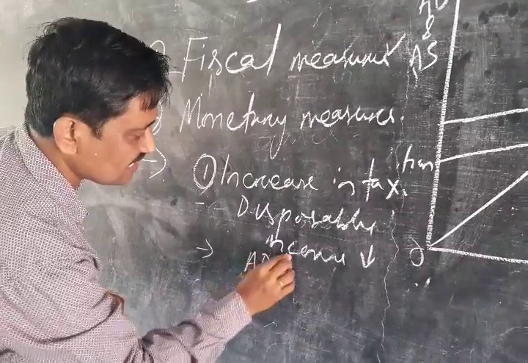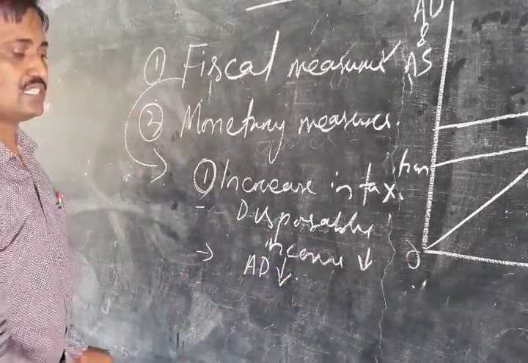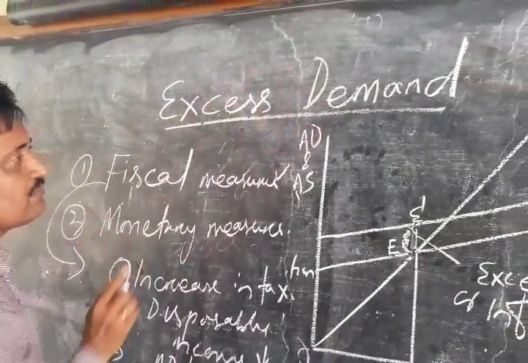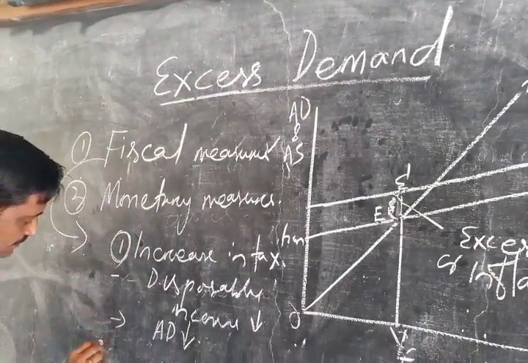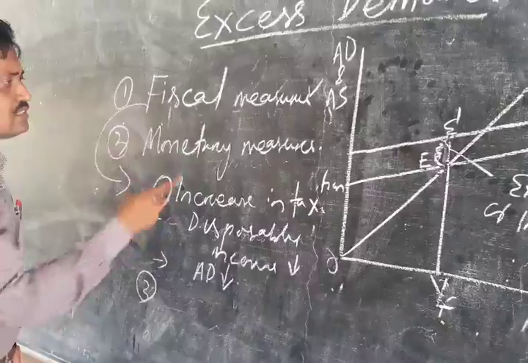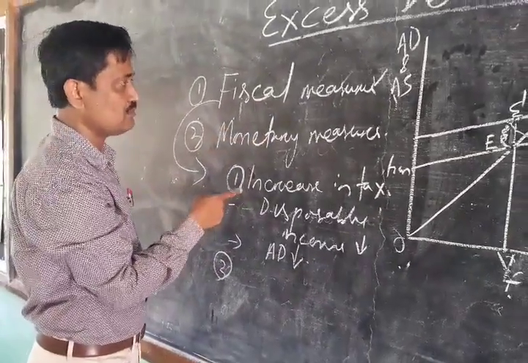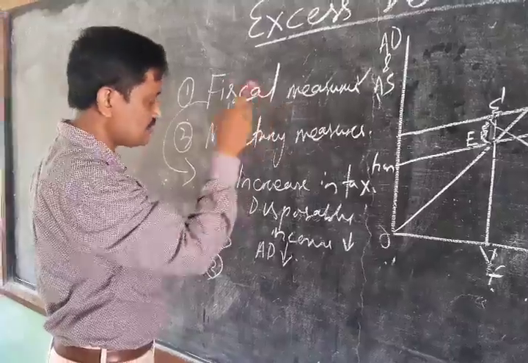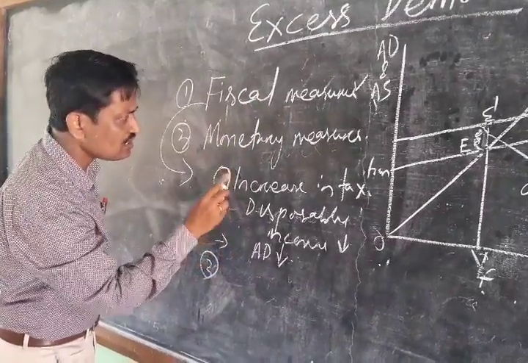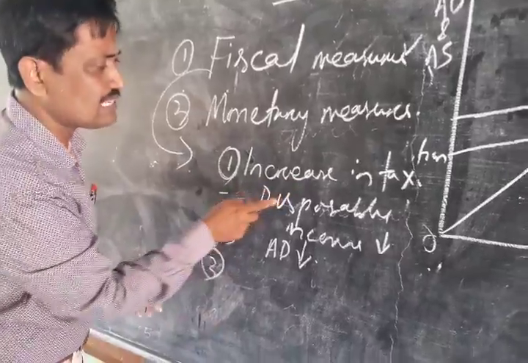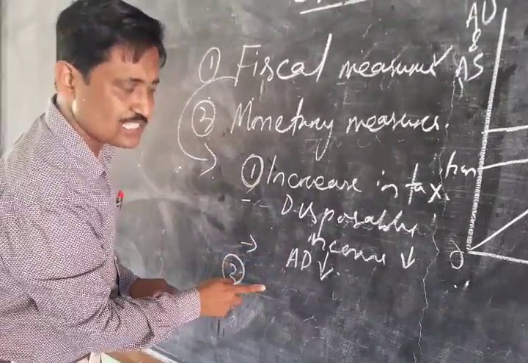That means aggregate demand will decrease. When aggregate demand decreases, then we can solve the problem of excess demand, right? So the second method to solve the excess demand situation through fiscal measures is through expenditure, right? The first was part of the revenue, and this is through expenditure.